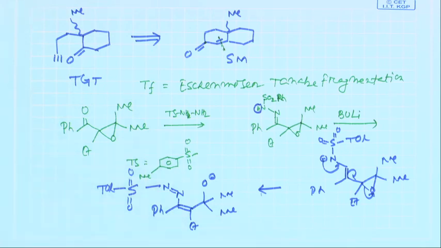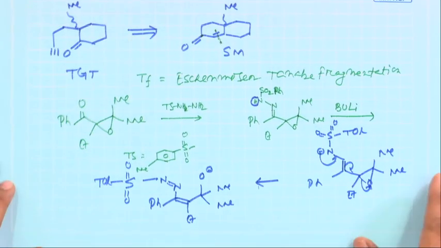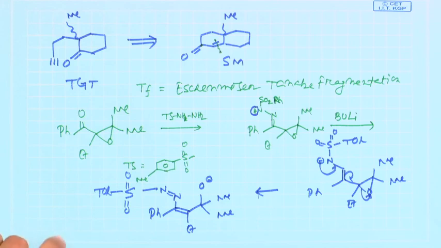Now, the next step is very interesting. I will just first write what the next step will be. As you have an O minus at one end, this O minus also is not a very stable species. So, what does it try to do? It will try to fragment the molecule in this way.